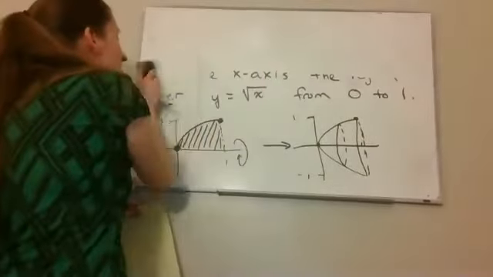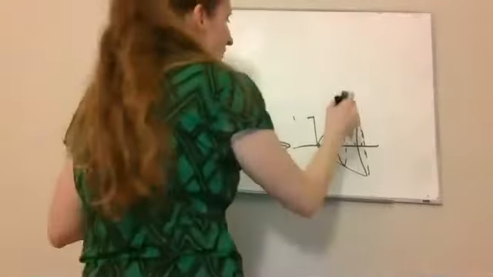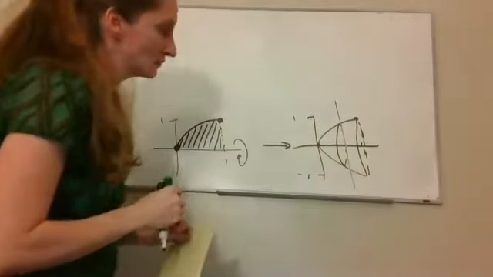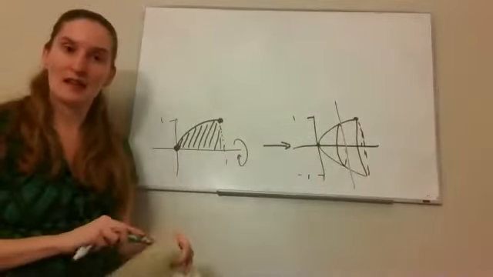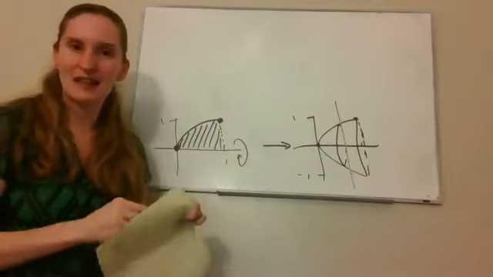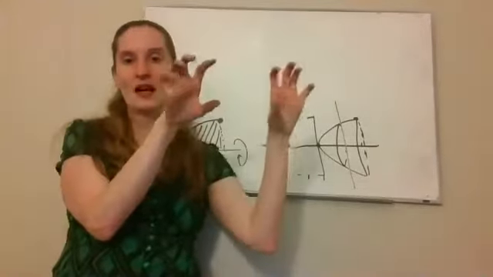So what we have to do is picture slicing this object. So I'm going to just take the red marker and we'll picture chopping this object right here. It doesn't matter where you slice it because we just want to know what does this look like when I slice it, and then remember we're slicing and then opening it up.